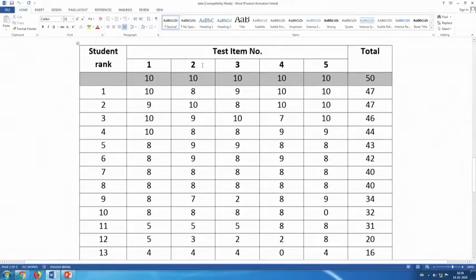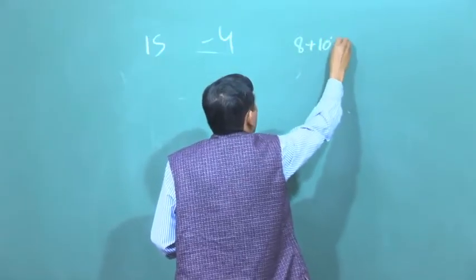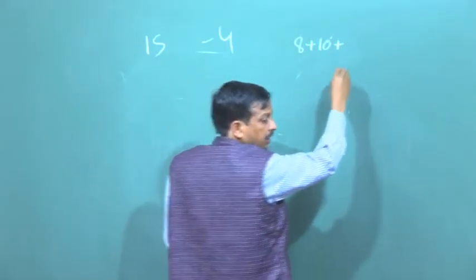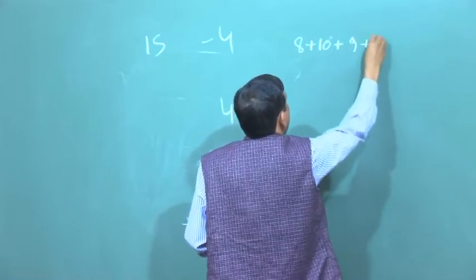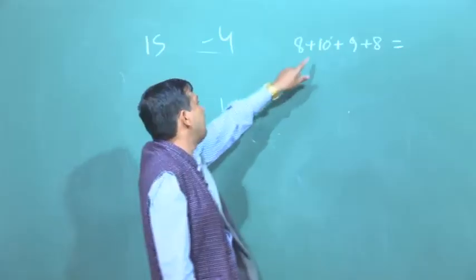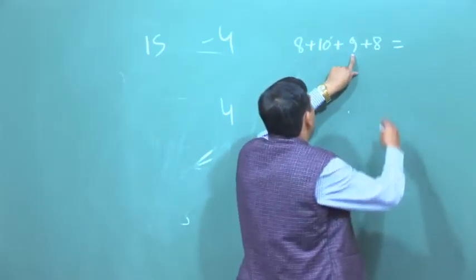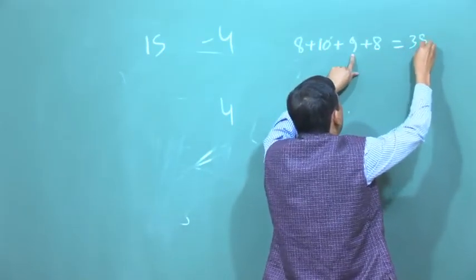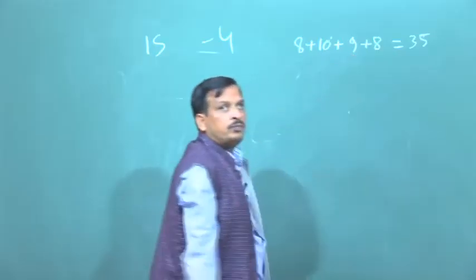Upper group, 4 students: 1, 2, 3, 4. What is the total marks? 8 plus 10 plus 9 plus 8: 8 plus 10 is 18, plus 9 is 27, plus 8 is 35. Okay.